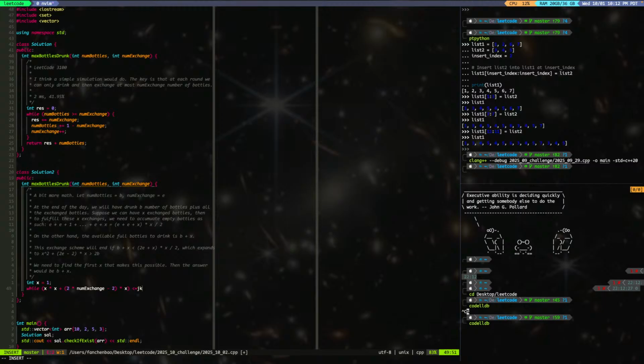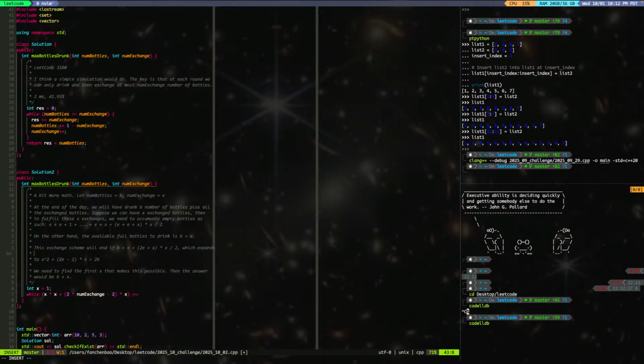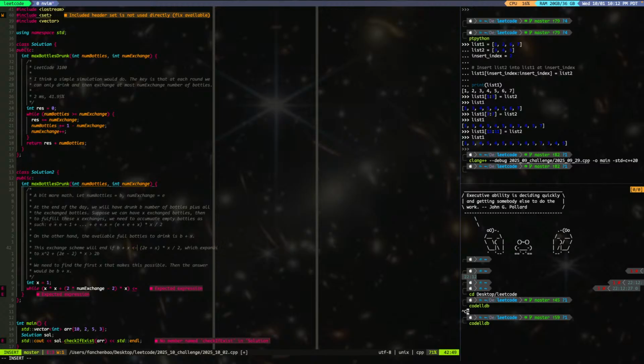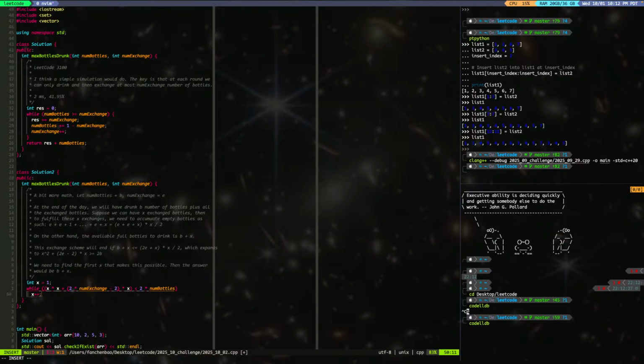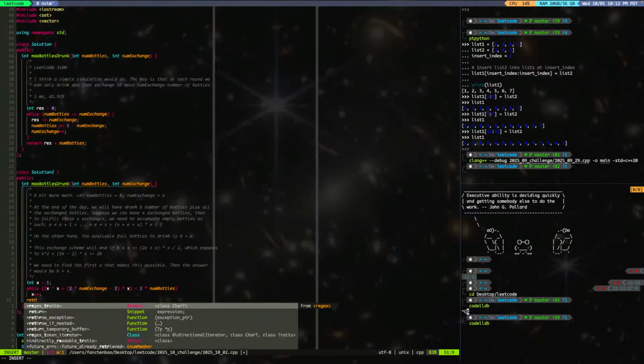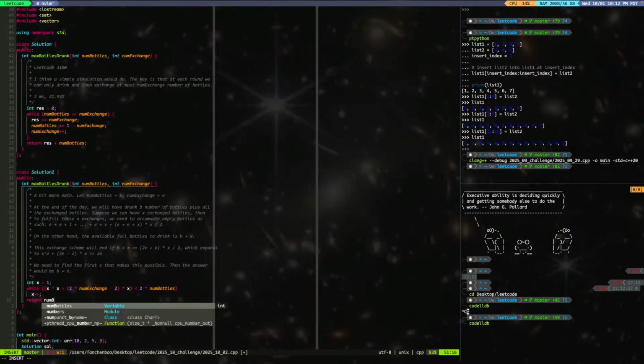So maybe I think equal should be here. Which means here should be smaller than 2 times num bottles. Alright, I think it makes sense. X plus plus, because by the time it comes out I will return num bottles plus X.